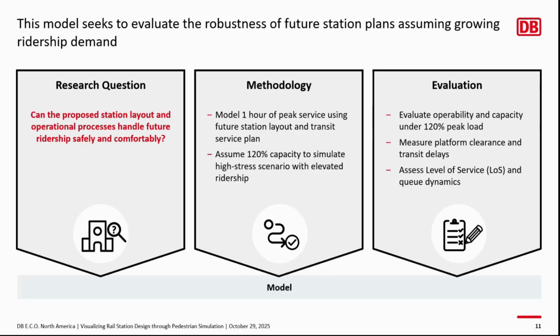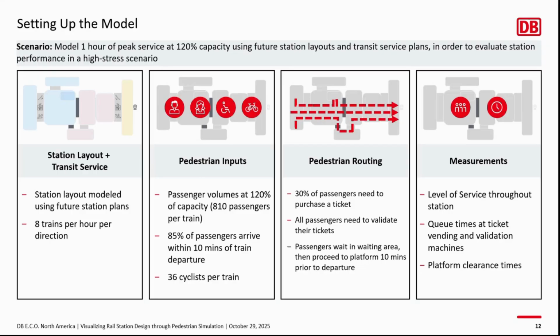And for the evaluation, we wanted to look at metrics like platform clearance times, transit delays, or train delays, and then level of service and queue dynamics. So to set up this model, a few of the parameters that went into this.